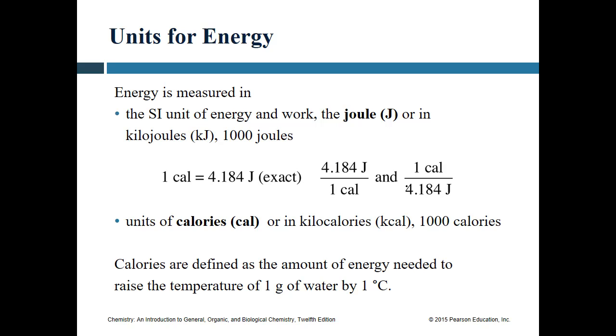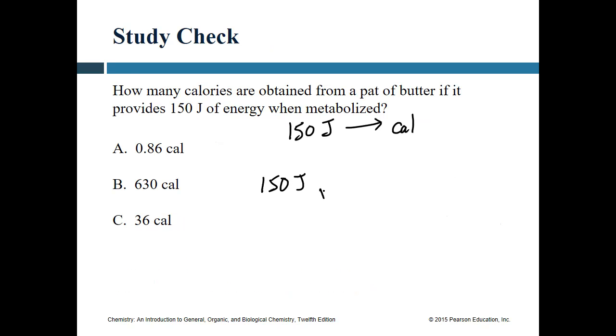The one we multiply by is going to be the one that allows us to put that unit in the denominator and the unit that we are converting to in the numerator. If you do this, you can see I've got 1 times 150 in the numerator.